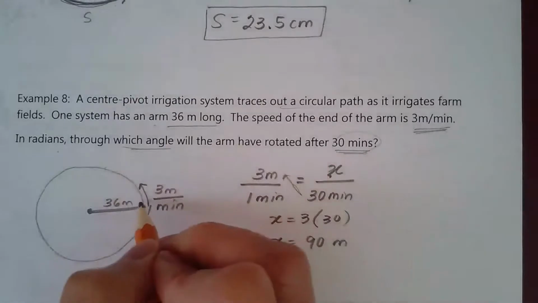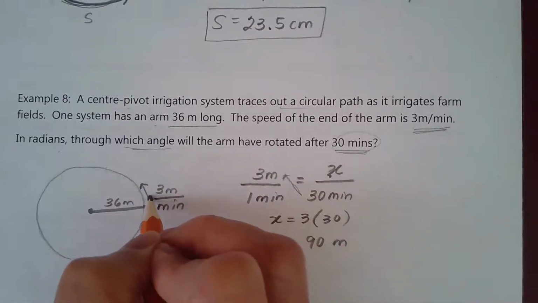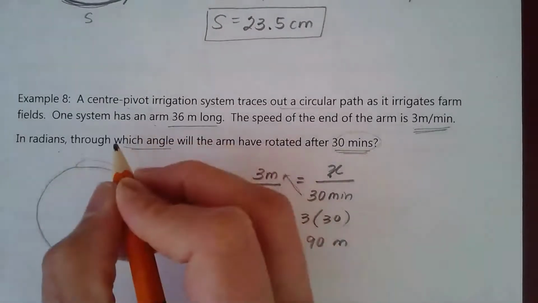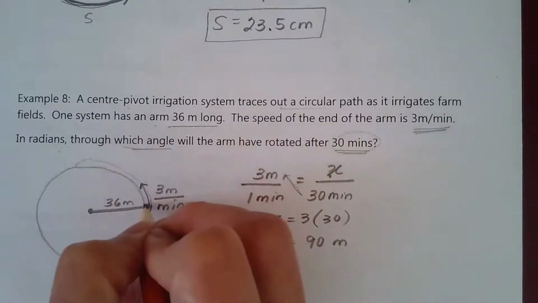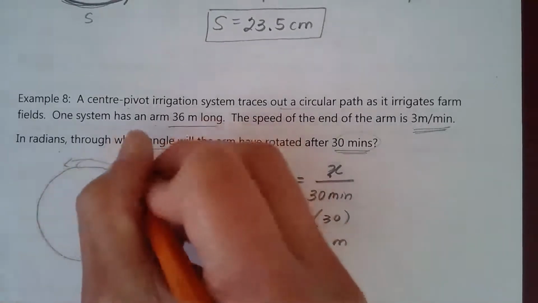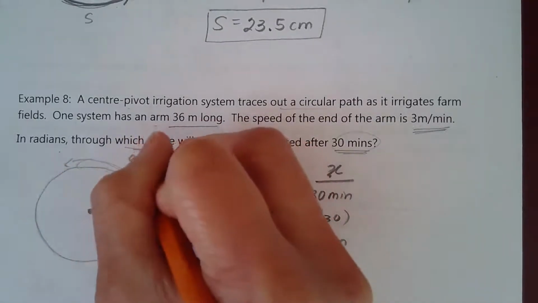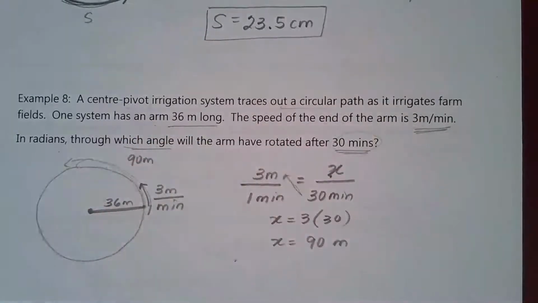Okay, so in 30 minutes it would have turned 90 meters. So let's write it here: 90 meters it would have turned.